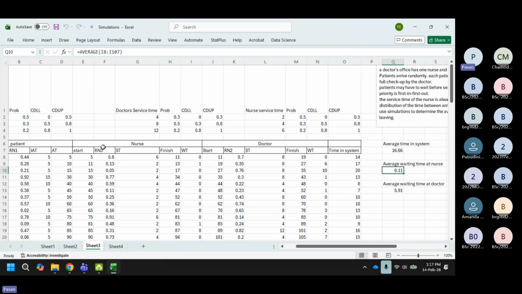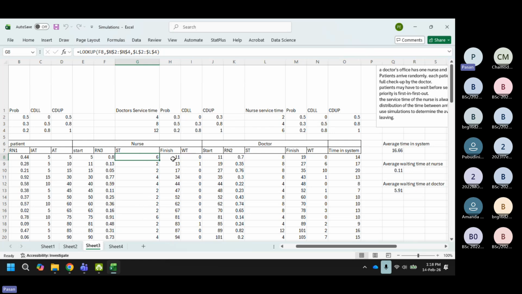And then I generated a third random number for the nurse's office, and for the service time, I can look at this distribution here. So then I can see I have the random service times here.